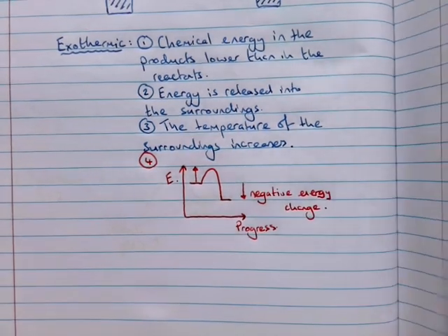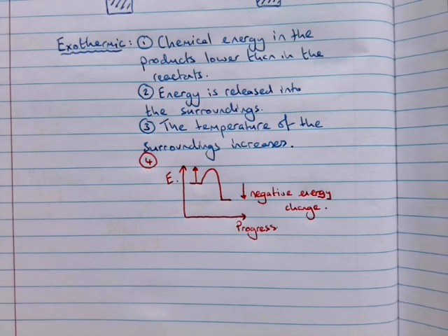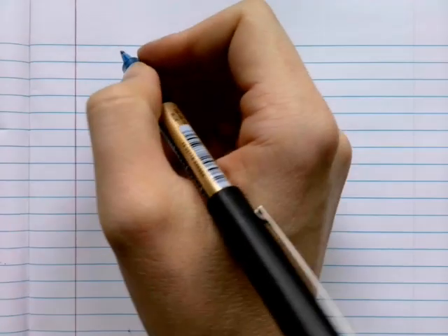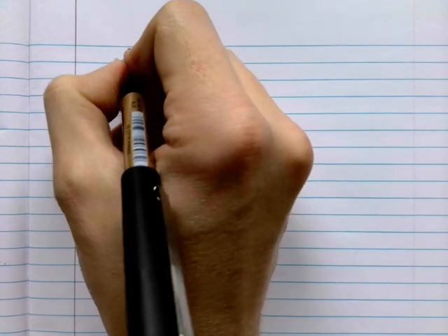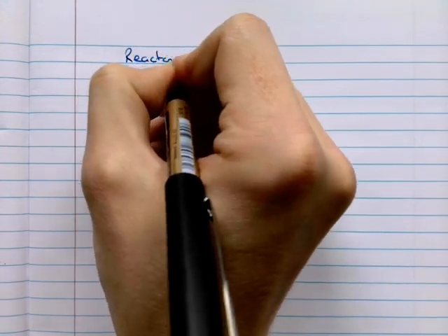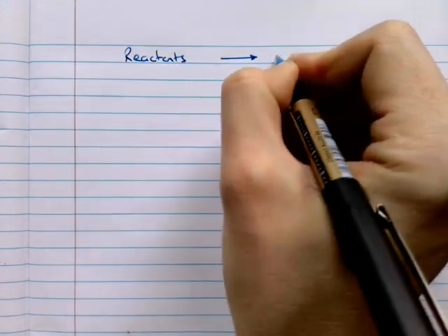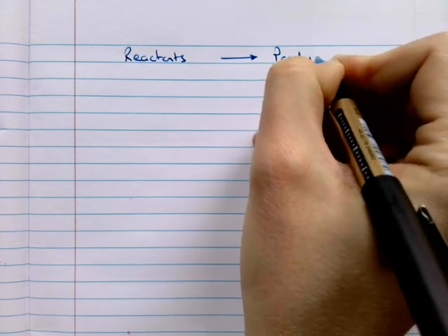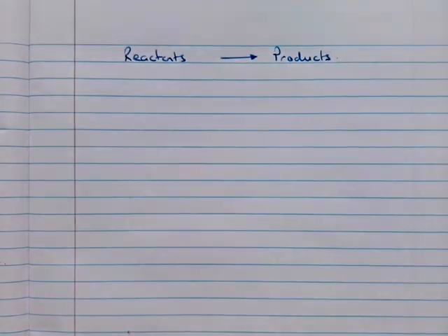Okay, so that's exothermic. What about endothermic? So in an endothermic reaction, now I'll just do it for any general endothermic reaction. So if we have the reactants turning into the products, we had the opposite situation.